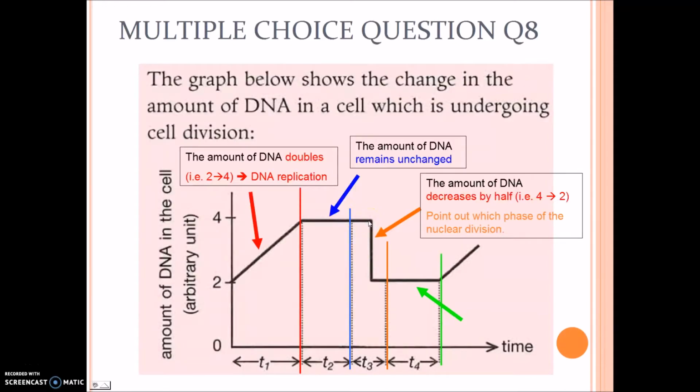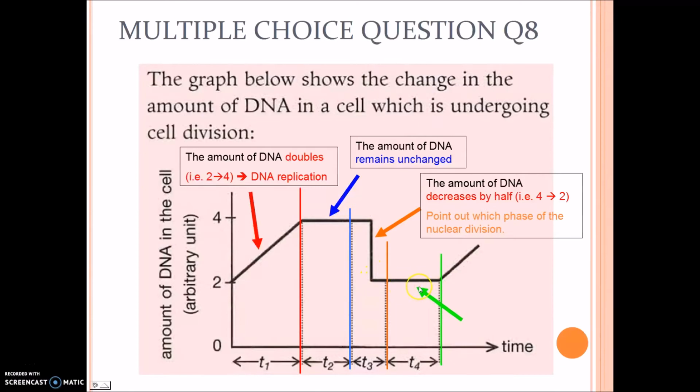In the anaphase, the chromosome or the chromatid separate to the opposite poles of the cell. That's why the DNA amount decreased by half.